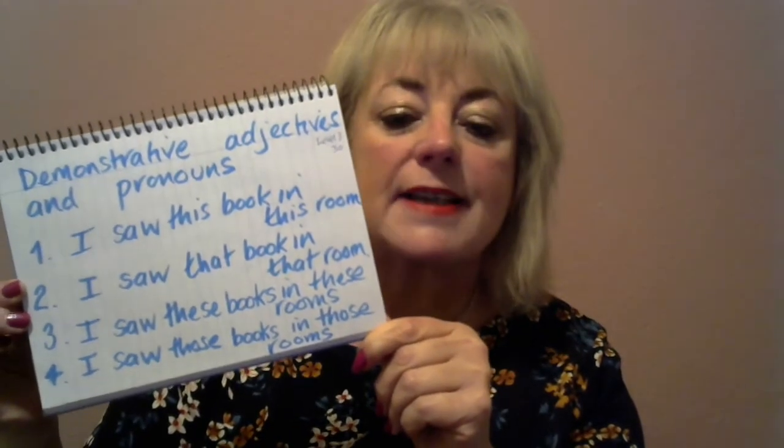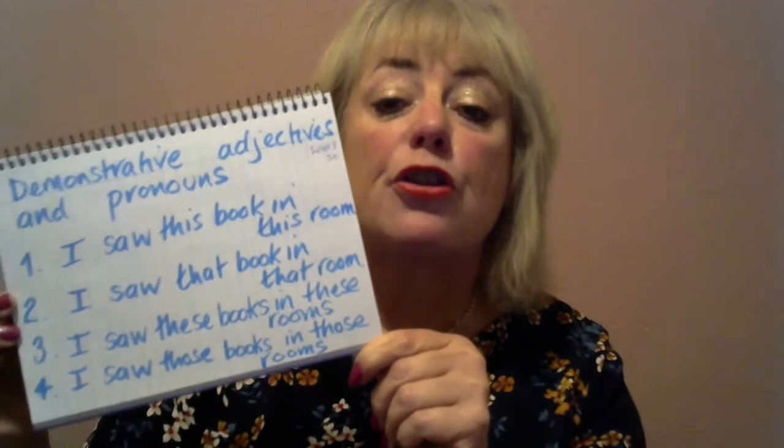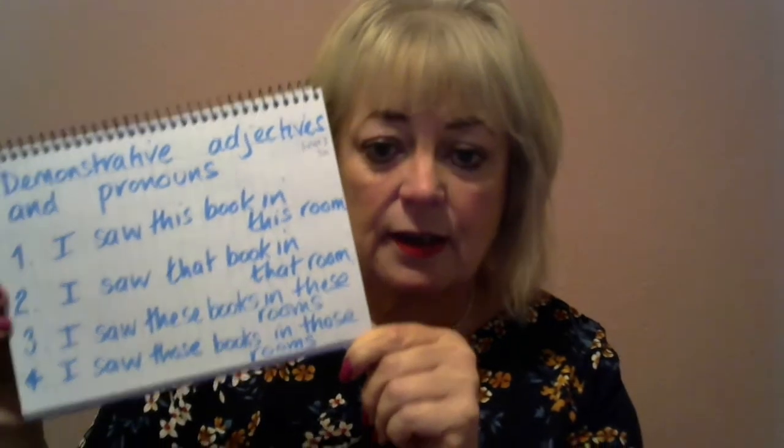Number 4, I saw those books in those rooms. Okay, so there's your English. Stop the video, do your answers, and then here I am now. It's like Blue Peter, isn't it, or whatever it was. Here's one I prepared earlier. Okay, so numero uno.